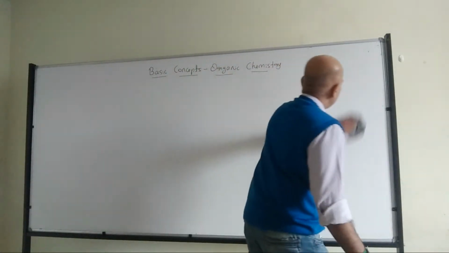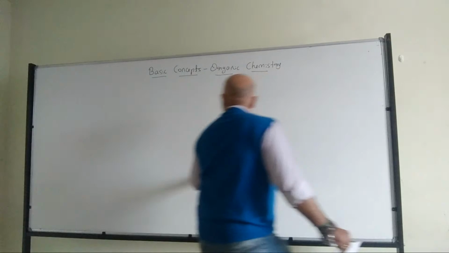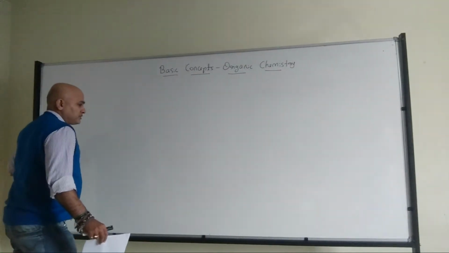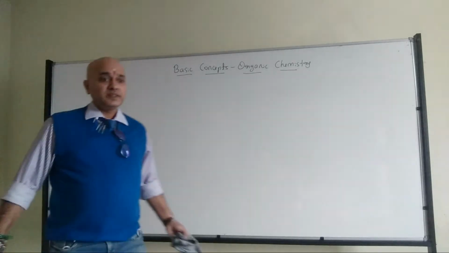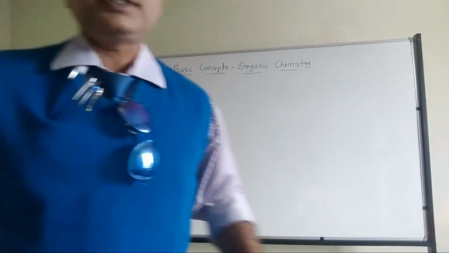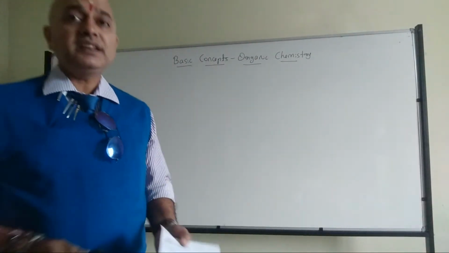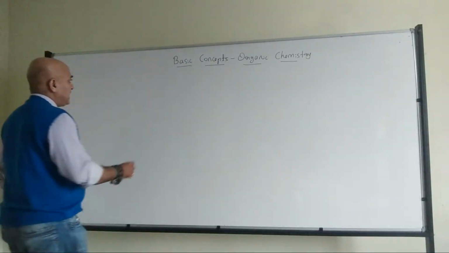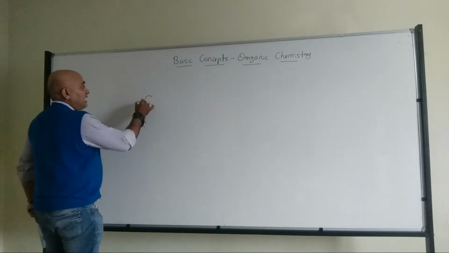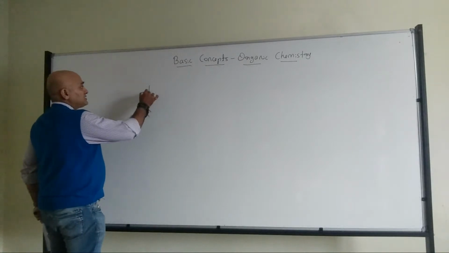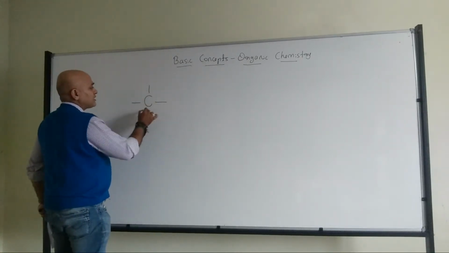Once again I will tell, many students get confused when I am talking about hybridization. How to write the hybridization? That's where they get confused. I have a carbon. Now it is having 4 sigma bonds.